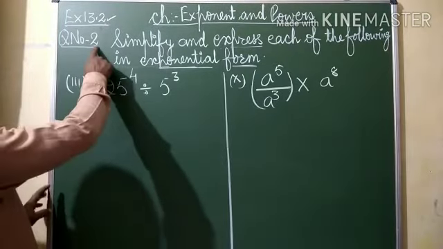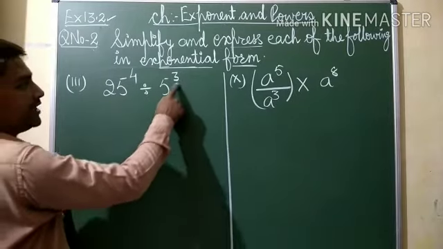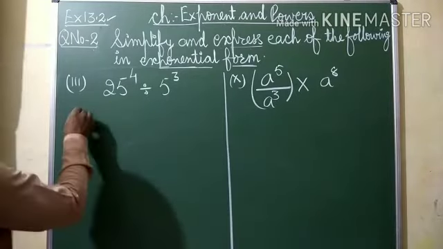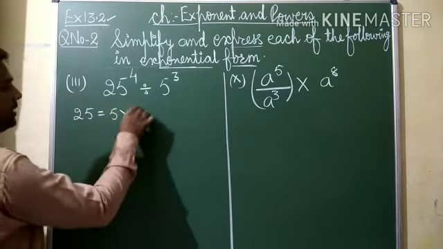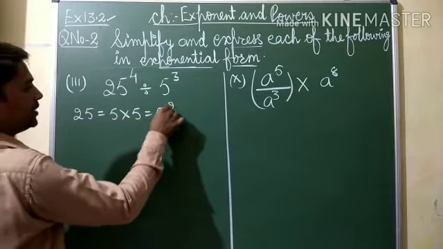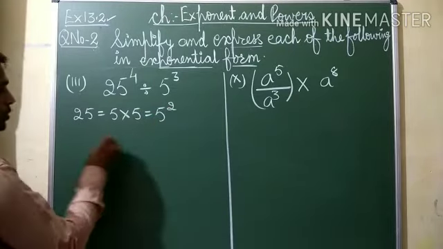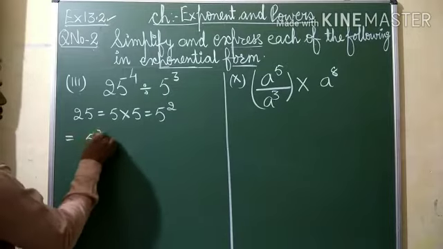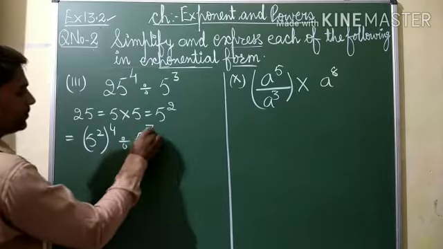Next is question number 2, third part: 25 raised to 4 divided by 5 raised to 3. Since 25 can be written as 5 multiplied by 5, which can also be written as 5 raised to 2, replace 25 by 5 raised to 2. So we get 5 raised to 2 whole raised to 4 divided by 5 raised to 3.